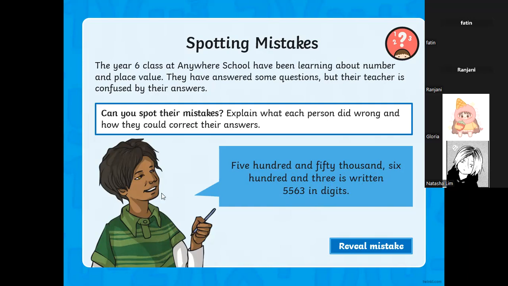550,603. Come on, guys. Put your answer in the chat. How do you write that in digits? Is this person correct? Ranjini, you said yes. Is this the way we write it? Hello, why so quiet, everybody?